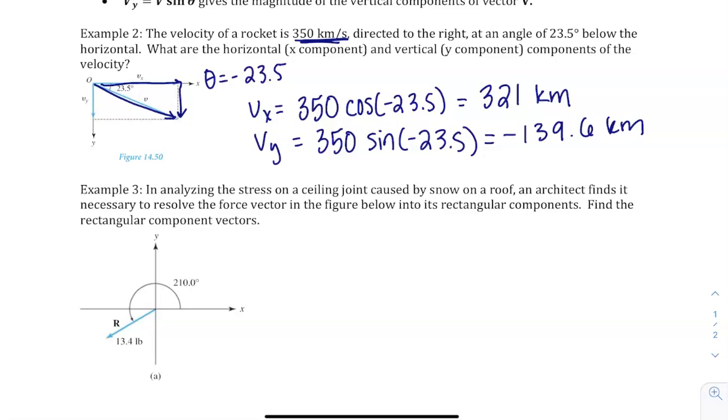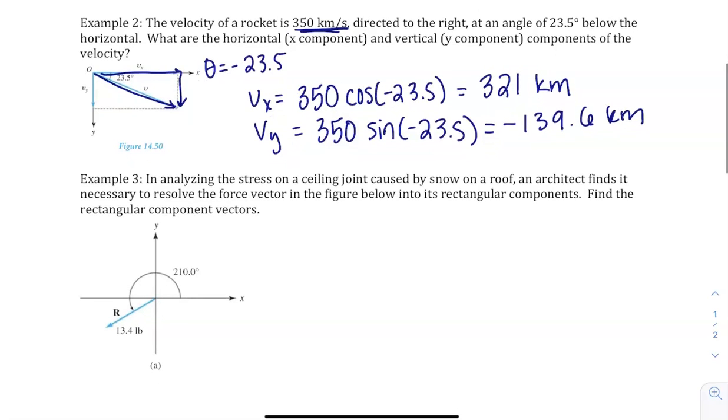Example 3, we're looking at the stress of a ceiling joint caused by snow on a roof. Here, in order to figure out what's going on in this particular case, we would need to resolve this force vector, where we had a 13.4 pound force at this 210 degree angle. If we want to get the horizontal and vertical components, then what we need to do is first make sure that 210 is the appropriate way to discuss this, and it is.